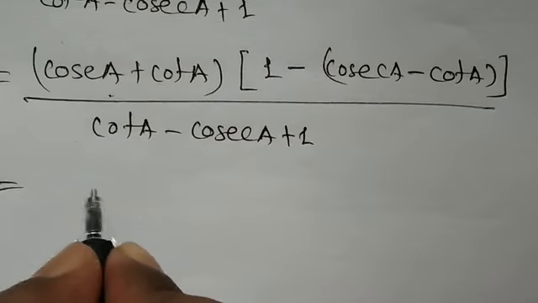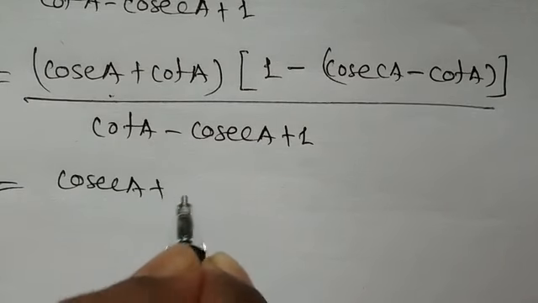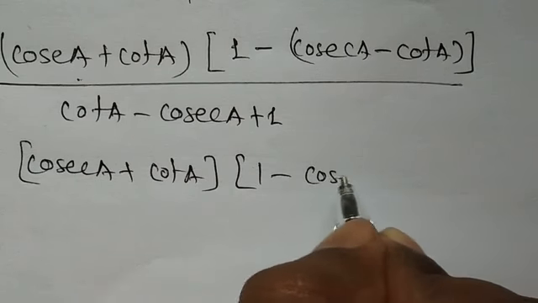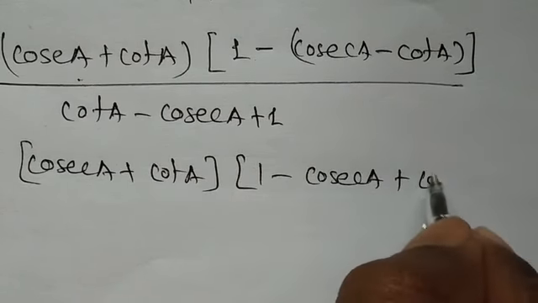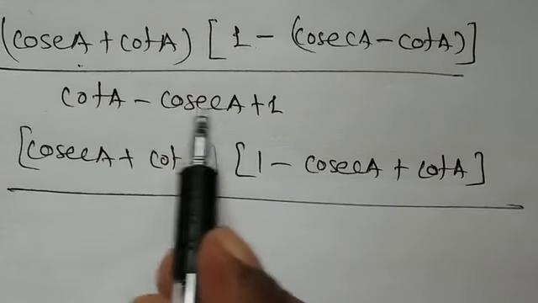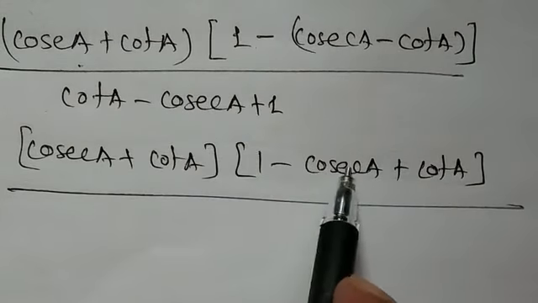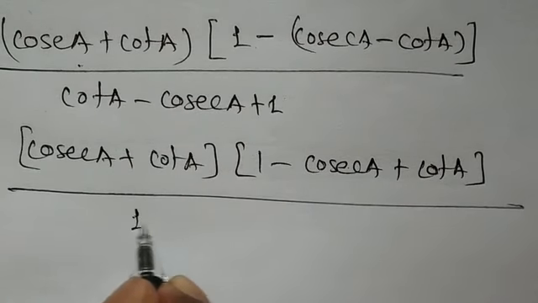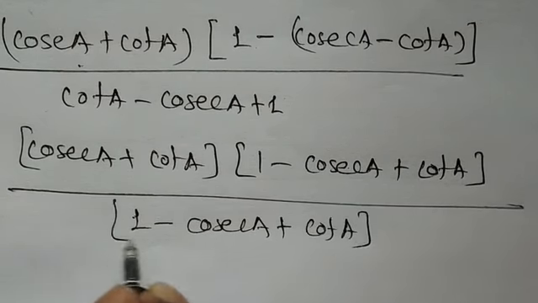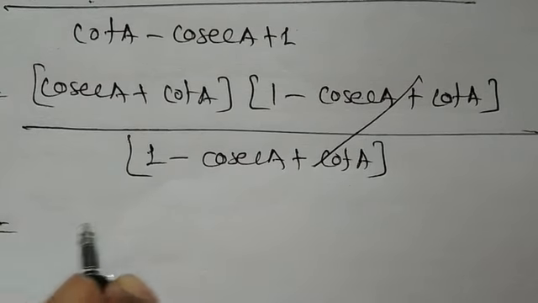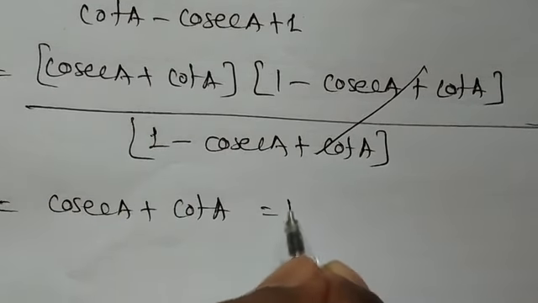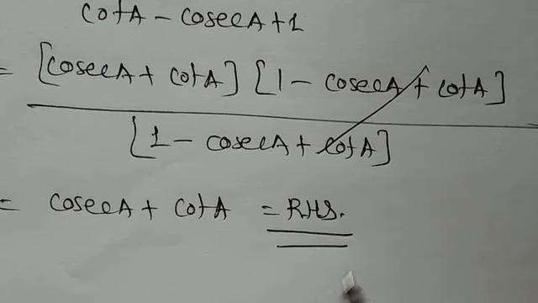Solving this, 1 minus cosec A plus cot A appears in both the numerator and the denominator, so they cancel. Then what remains is cosec A plus cot A, which equals the right hand side, and hence proved.